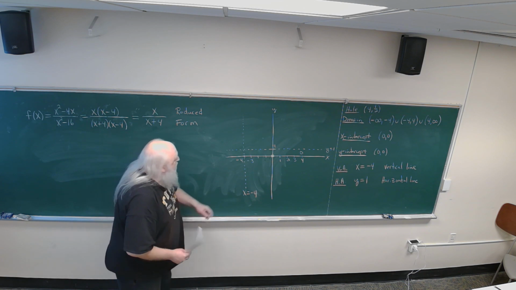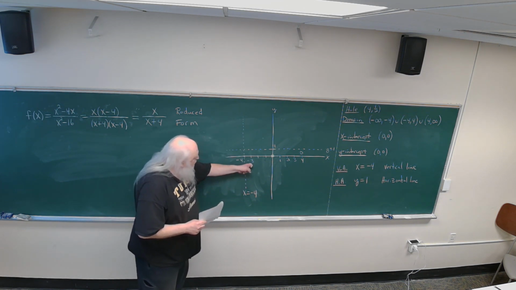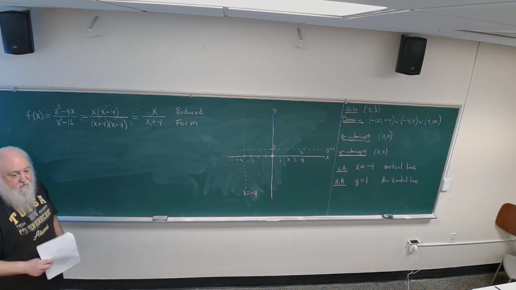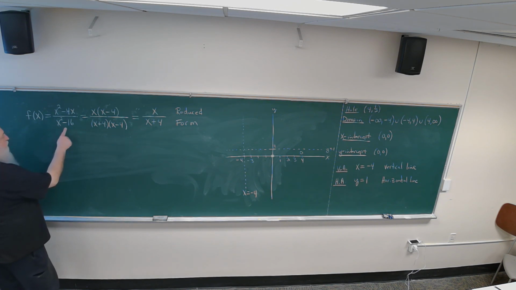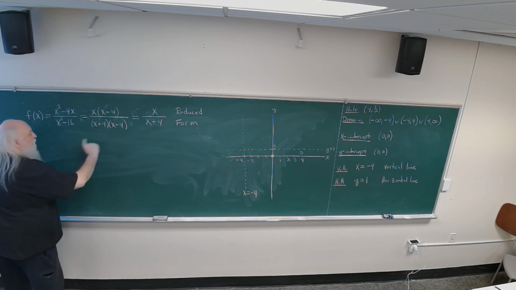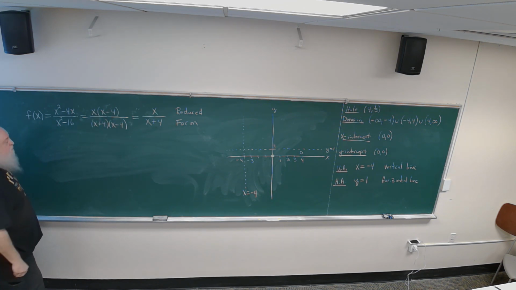So to determine whether the graph goes up or down on the right side of the vertical asymptote, we plug in -3 into f of x and see if the value of the function is positive or negative. It doesn't matter whether you use the original rational function or the reduced form, because you can't use the reduced form when x equals 4. You can use it for any other value of x.